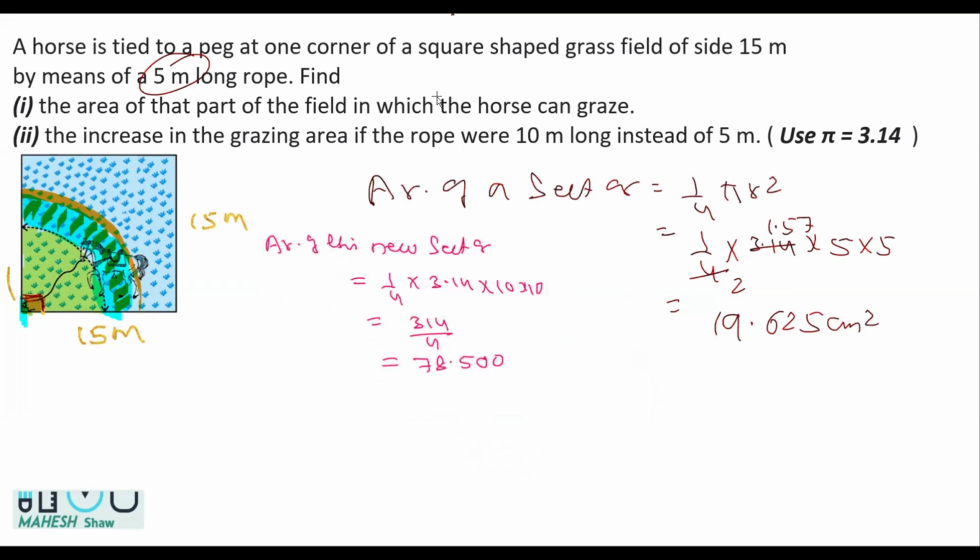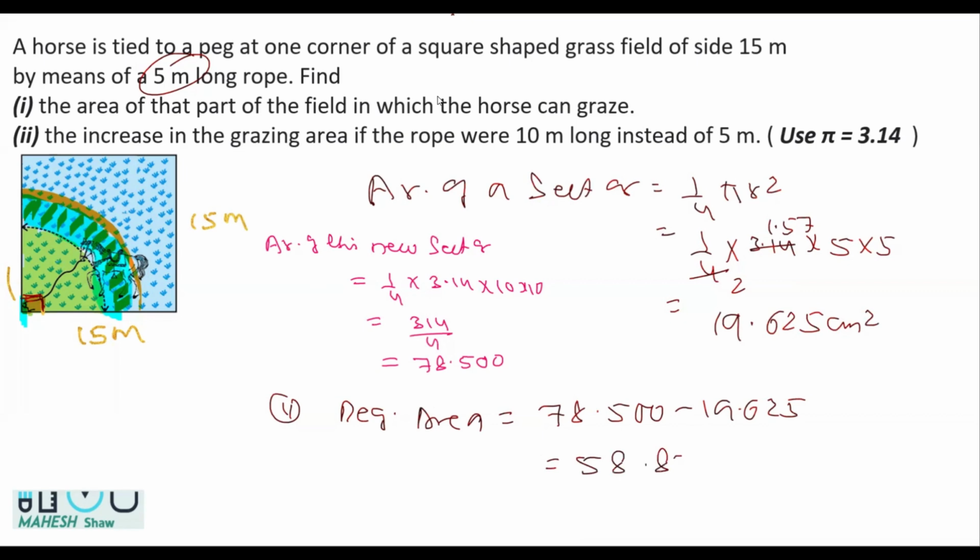So the new grazing area for the second part will be the difference of this, that is 78.500 minus 19.625. If I subtract, we are going to get 58.875 centimeter square. So this should be the answer for the second part.